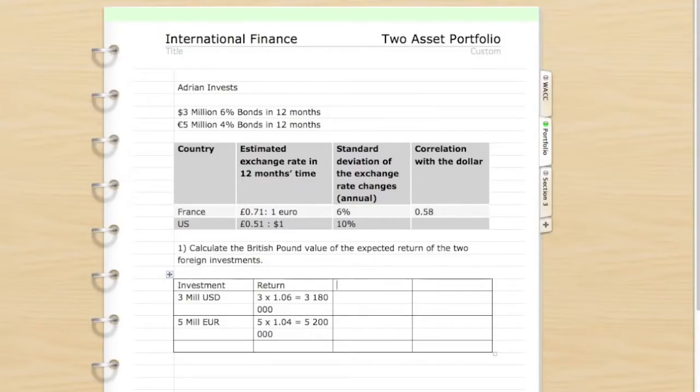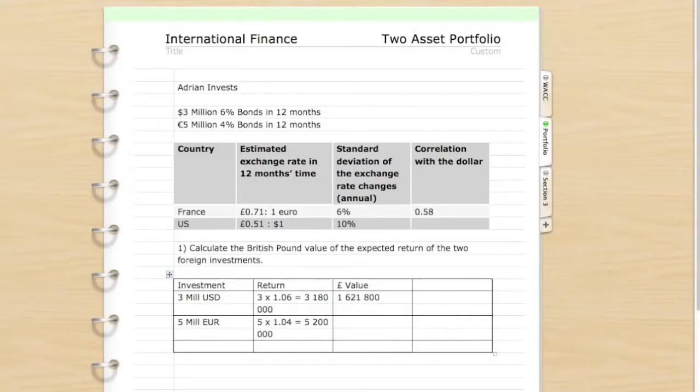Now the question also asks us to convert this into the pound value in 1 year. So in 1 year, Adrian will expect to have, so what we do is we convert the 3 million into pounds using this exchange rate. So we say this times this, which gives us 1,621,800,000 pounds. We did the same for the euro.